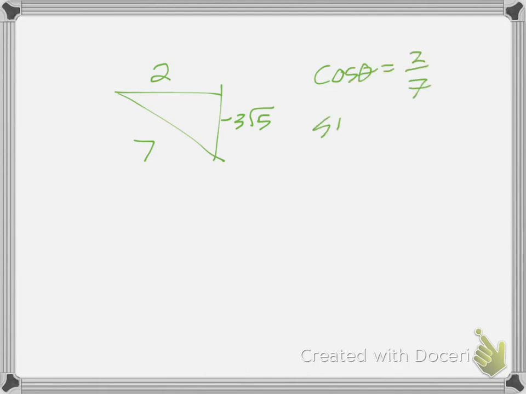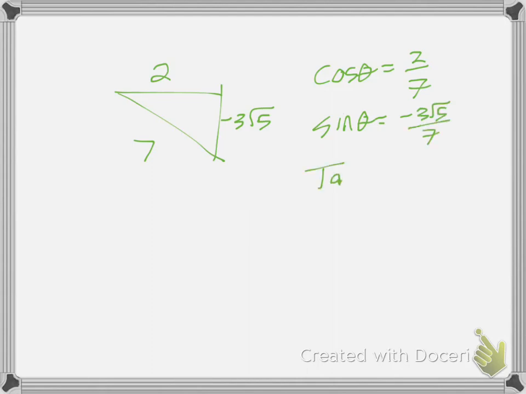Okay, so if I do it all together, this is what I've got. Here's my triangle. 7, 2, negative 3 square root 5. And if I do my 6 trig functions, I got cosine, of course, is 2/7. And then sine of theta is negative 3 square roots of 5 over 7.